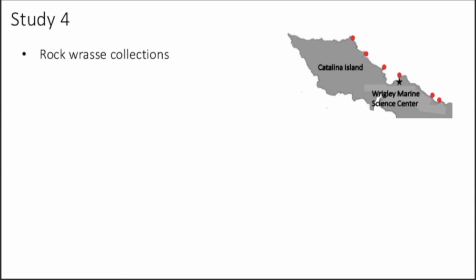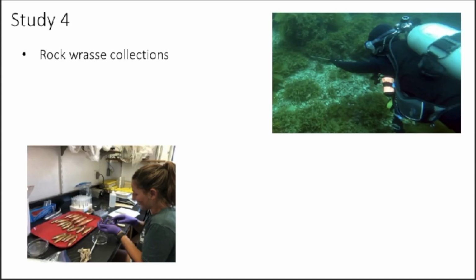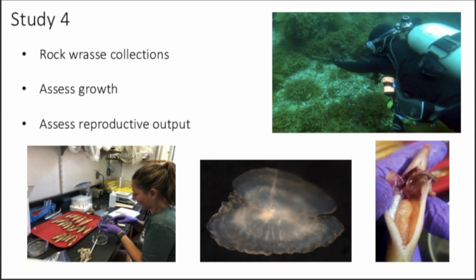And there's a fourth part of my study that I'm working through right now where I collected female rockgrass at all 6 of my sites. This study was basically to see how their growth and reproductive output could be affected by this invasive.